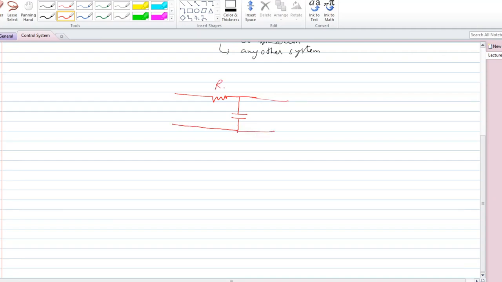Okay, and if we consider these two terminals, that is terminal 2, port 2 as output and port 1 as input, then this becomes a system. Actually this is an electrical system here.